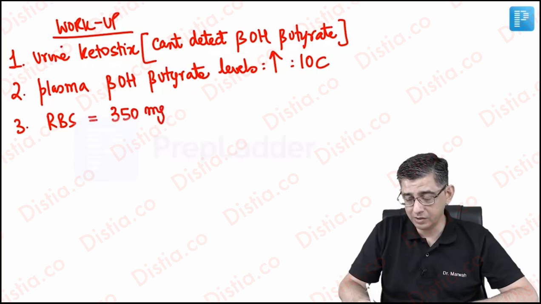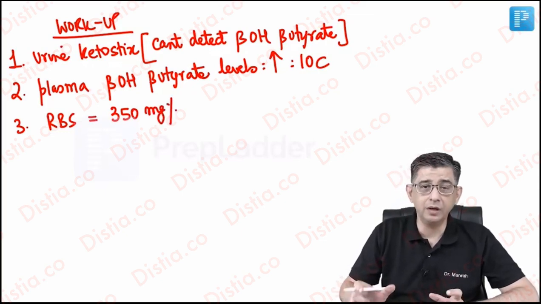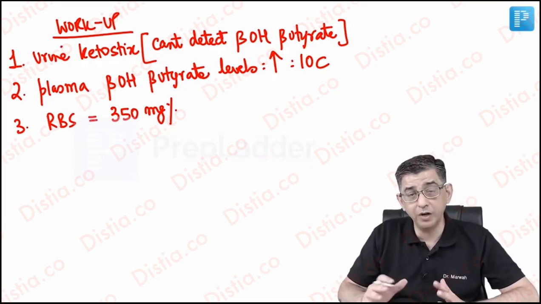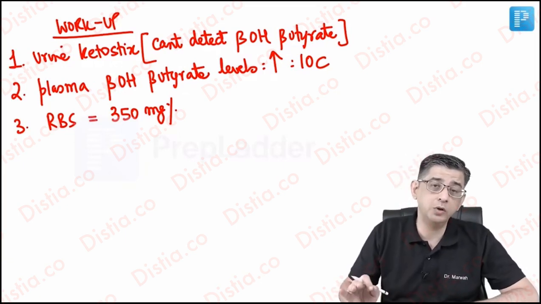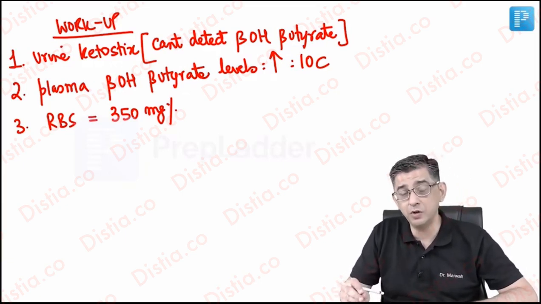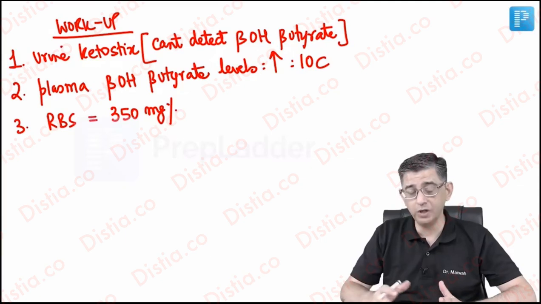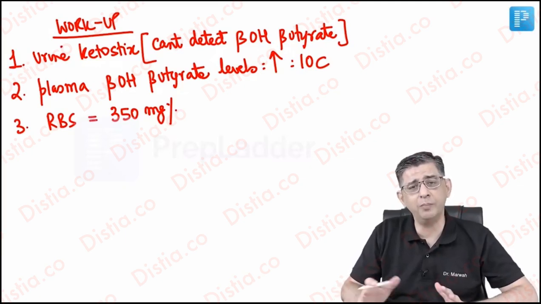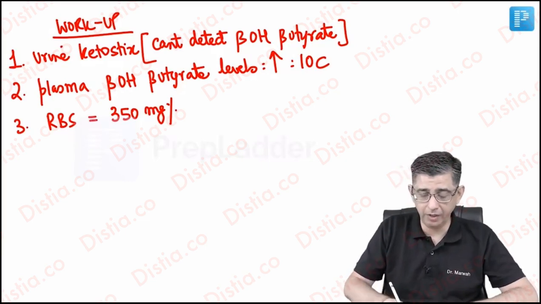I'm saying that because of the subsequent topic we'll talk about, hyperosmolar coma; the word itself tells you that the blood sugar is grossly elevated. Most of the time in hyperosmolar coma, the sugar values can be in the range of 600 to 1200 mg%, whereas here they are usually less than 600. I've given you a value of approximately what we usually get in most cases, about 350 mg%.